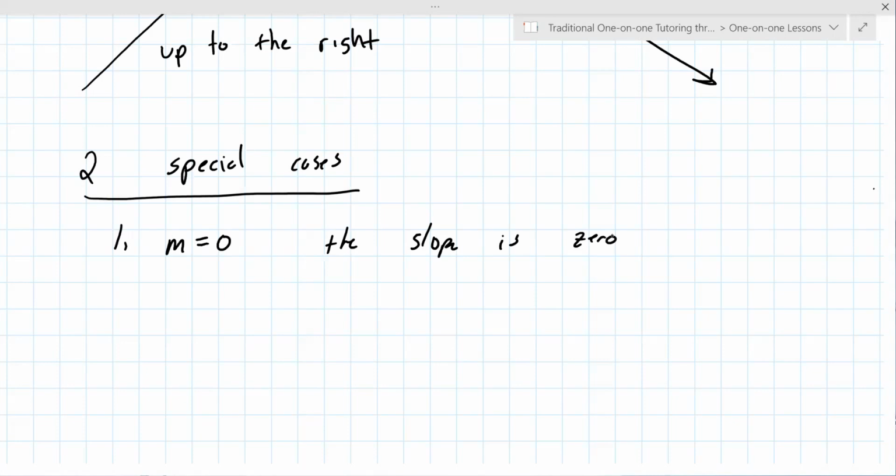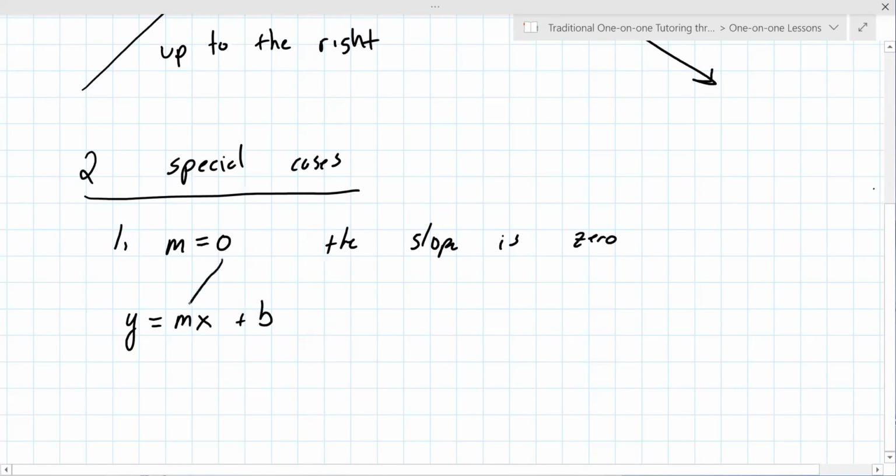Let's go back to that equation we were looking at before, y equals mx plus b, and put 0 in for m. Y equals 0 times x plus b. What is 0 times anything? It's always 0.